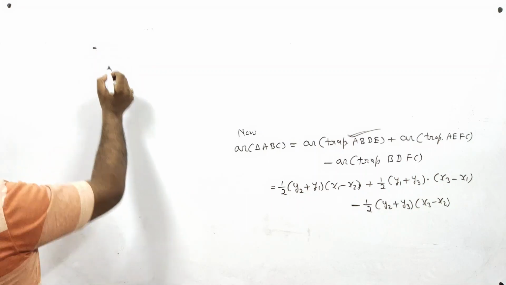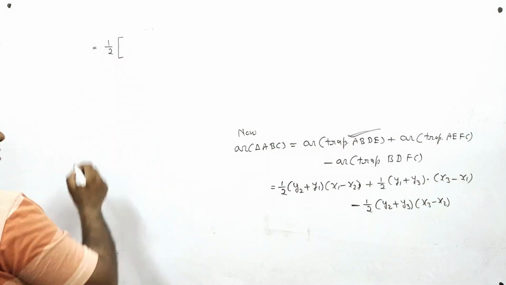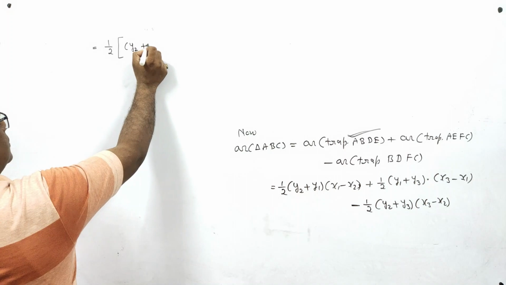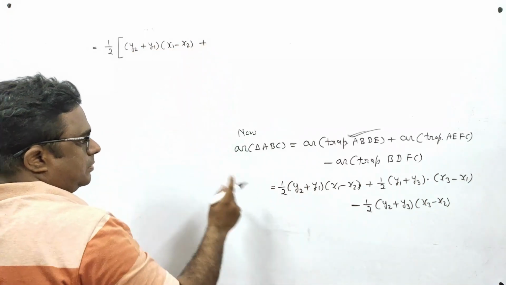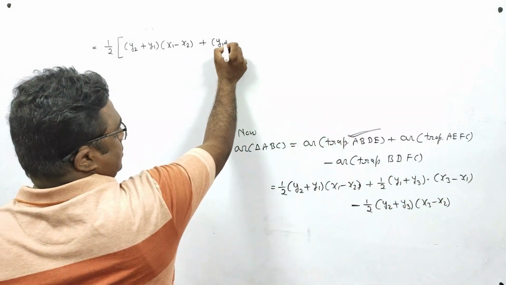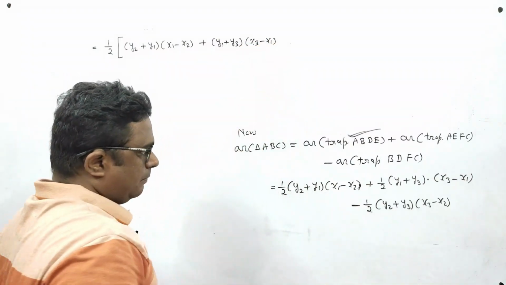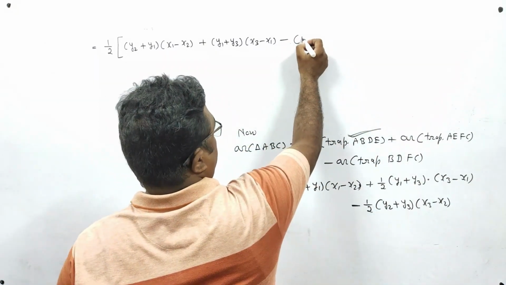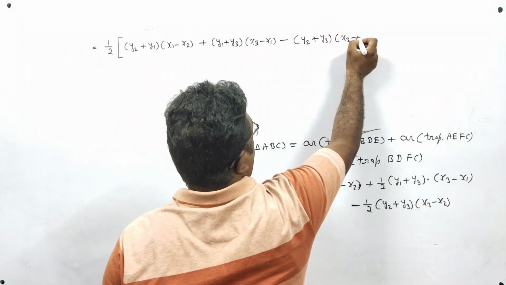Equal to half, taking it common throughout, then square bracket, then these are left: y2 plus y1 into x1 minus x2, plus half has gone outside, so y1 plus y3 into x3 minus x1, minus sign, this half has gone outside, so y2 plus y3 into x3 minus x2.